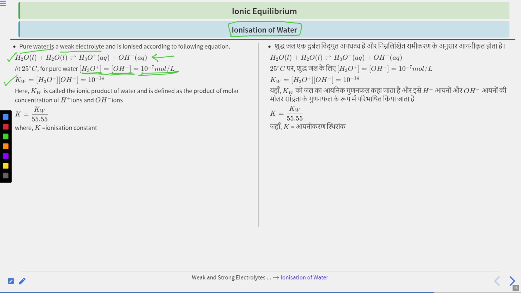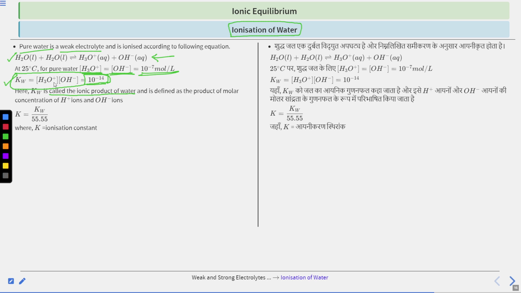And Kw, which is called the ionic product of water, is equal to H3O positive concentration times OH minus concentration, which is nothing but equal to 10 to the power minus 14. So this is an important thing which we will use very much.